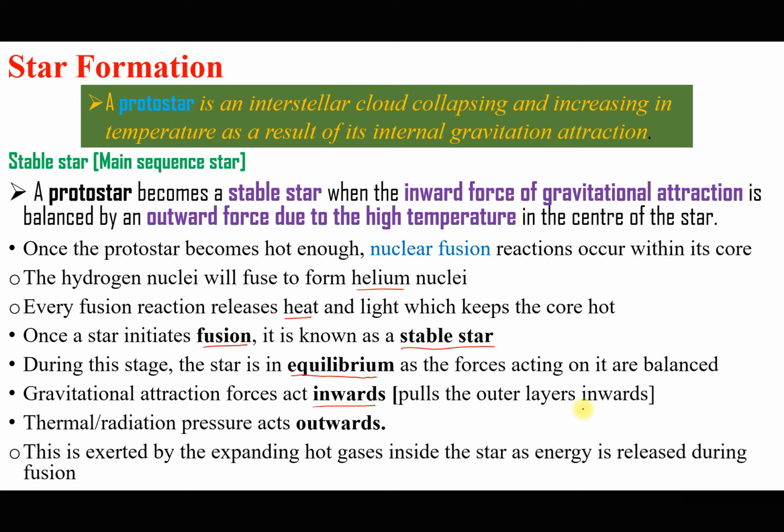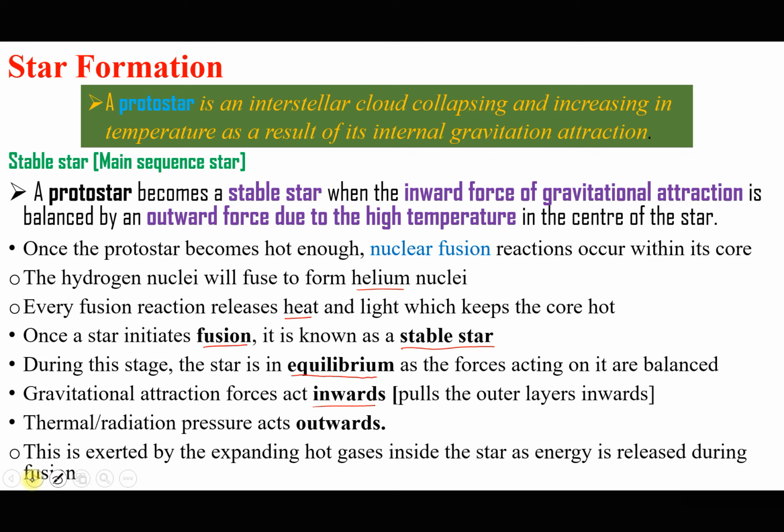And once these two forces, one due to the high temperature at the core, which we call the thermal pressure or radiation pressure, and one due to the inward gravitational attractive force, balance, then we have a stable star.